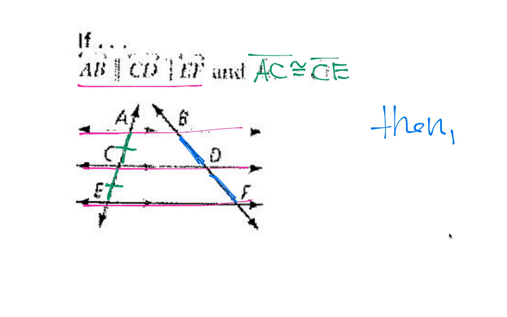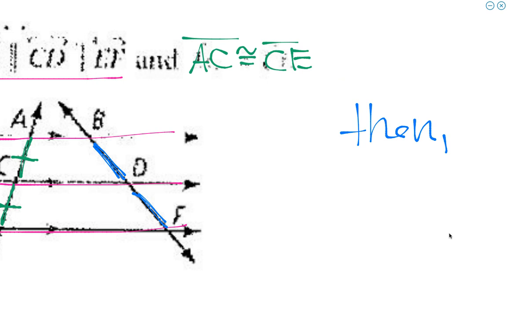Because if they're all parallel, that means that they're not going to be tapering towards each other. So this distance is always going to remain the same. So BD is congruent to DF.